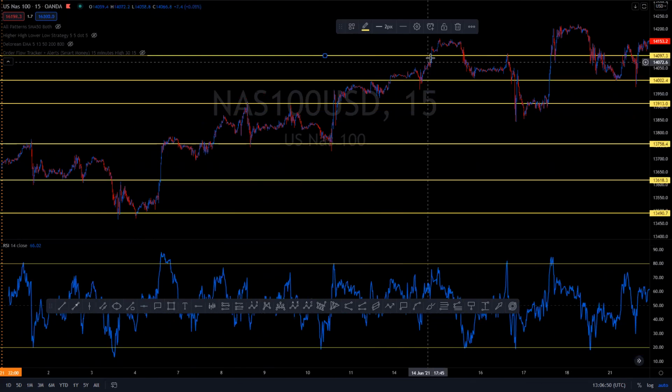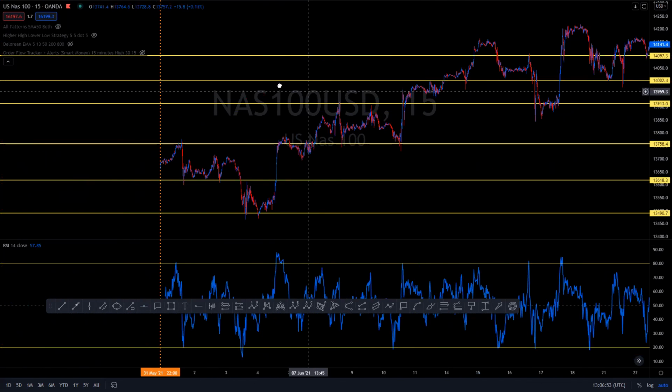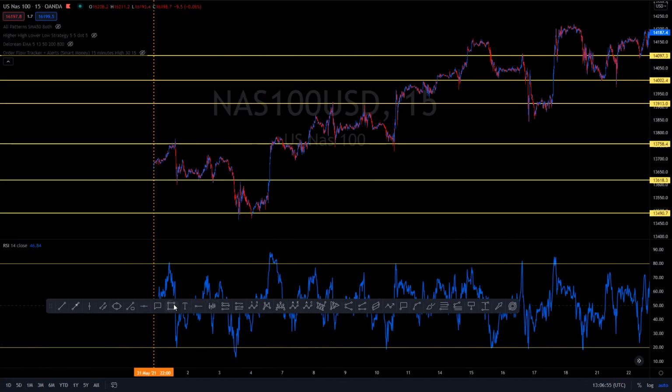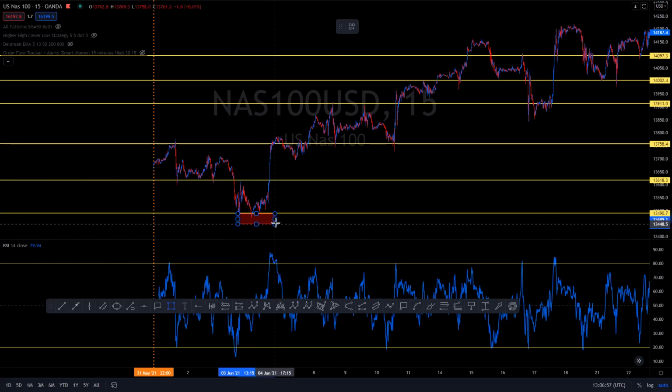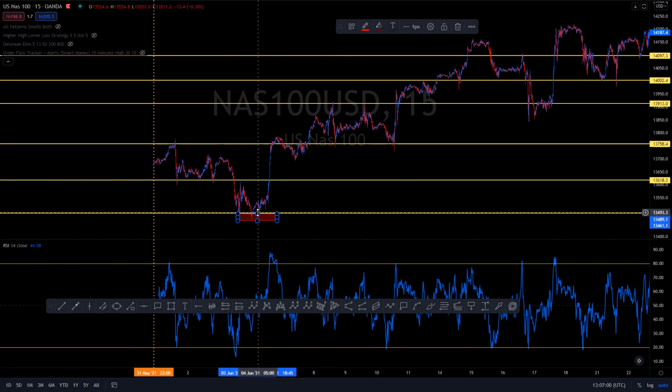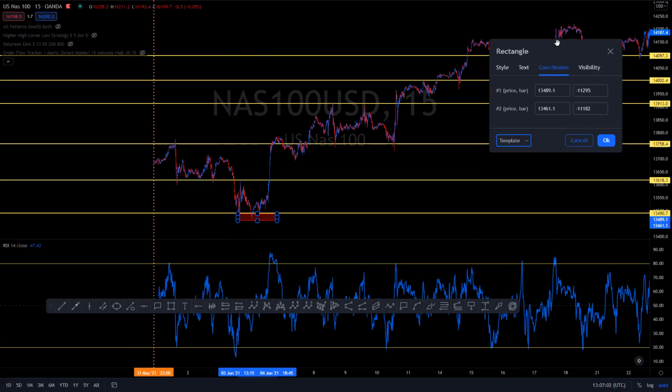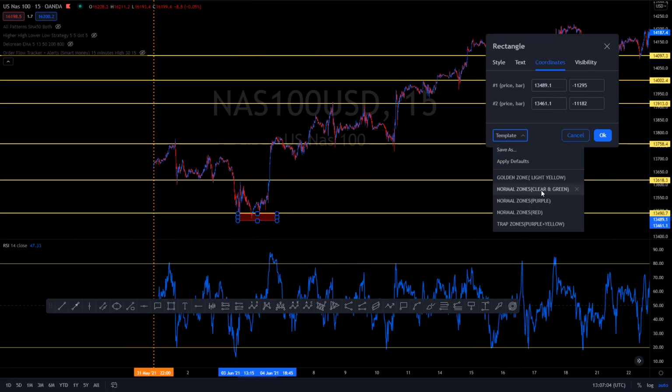Yeah, that's good. All right, so now I'm going to draw my supply demand zones based off of these horizontal lines. I like to fit it off of the body of the candle to the wick.